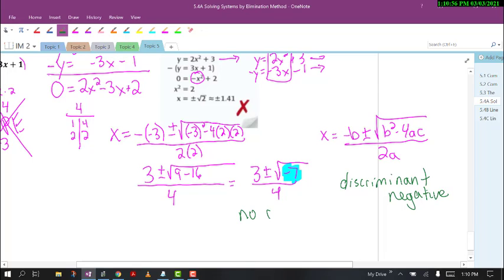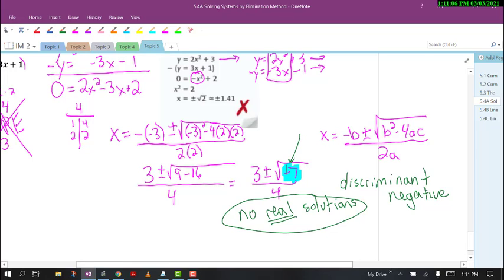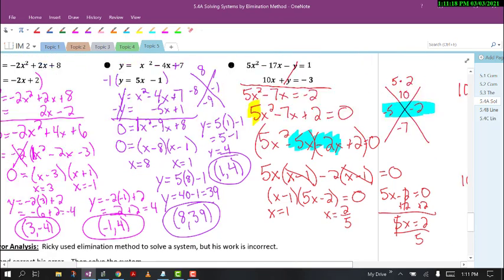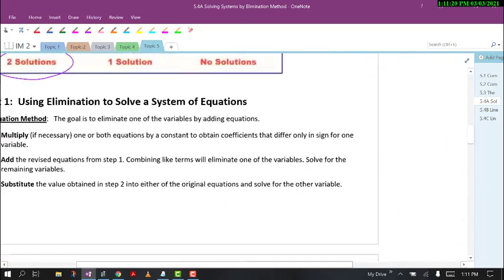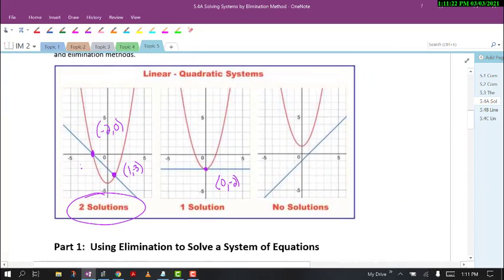So there are no real solutions, because we have a negative here, we'd have to have i, and then obviously it's not a real number. So sometimes we have to use the quadratic formula, and sometimes we can't even get solutions. And we saw that in the notes all the way back here. So that last one looked like this, something like that.